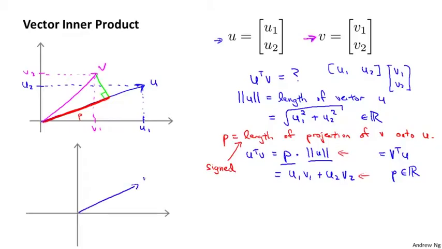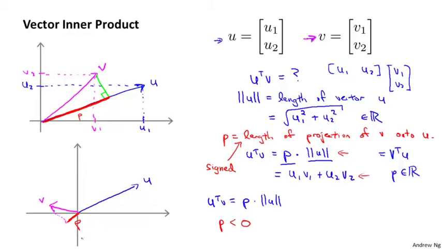So let me say what I mean by that. If u is a vector that looks like this, and v is a vector that looks like this, so the angle between u and v is greater than 90 degrees, then if I project v onto u, I'll get a projection that looks like this. I'm going to have that length p, and in this case I will still have that u transpose v is equal to p times the norm of u, except that in this example p will be negative.